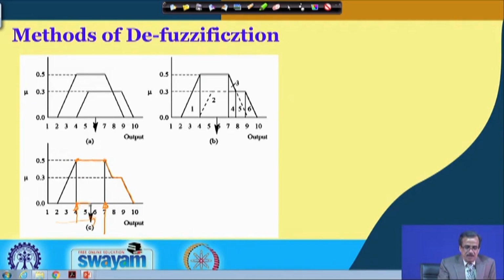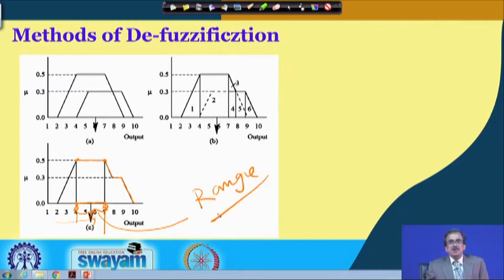That means, from here to here in this particular range, mu will reach the maximum and that will remain constant. So, we try to find out a range for the output where we get the maximum value for this membership, and once you get this particular range for the output variable for which we get the maximum value for mu, we try to find out the center of this particular range very easily.